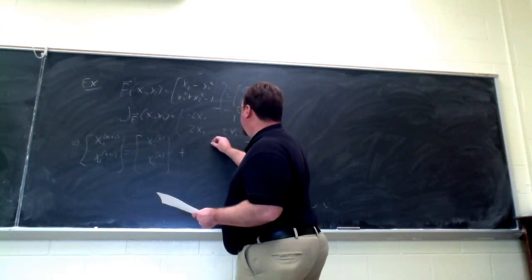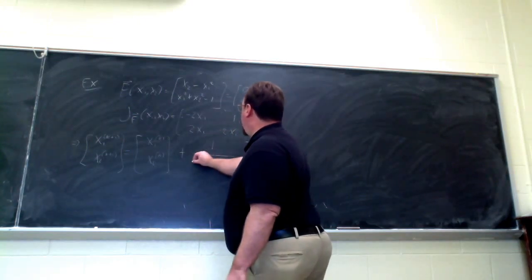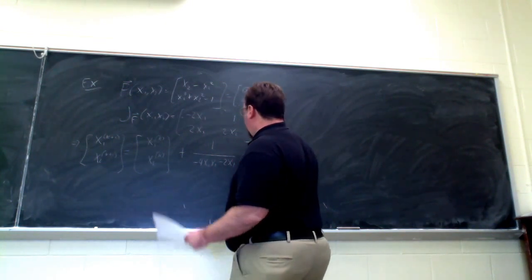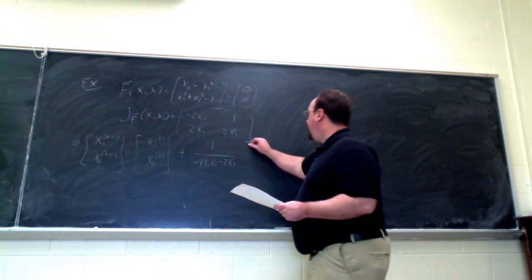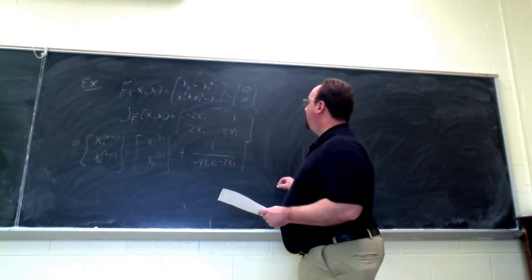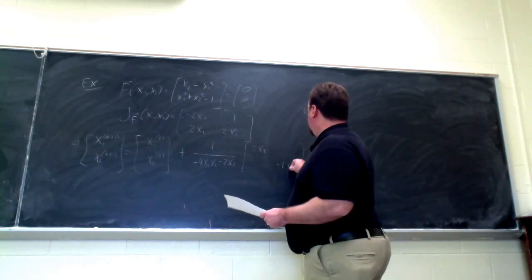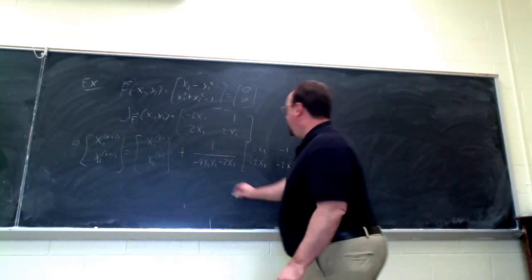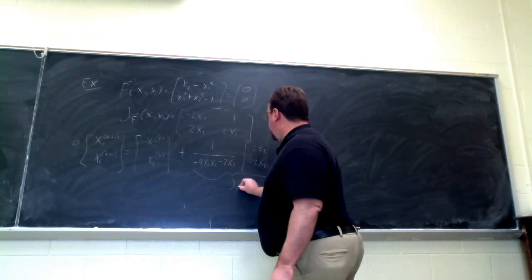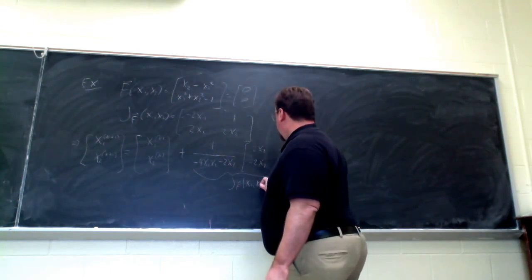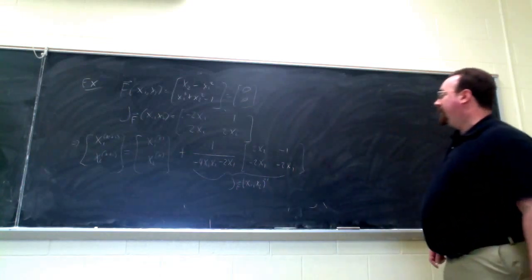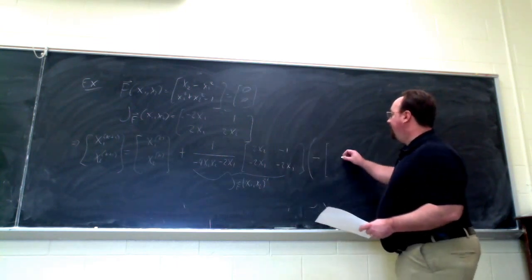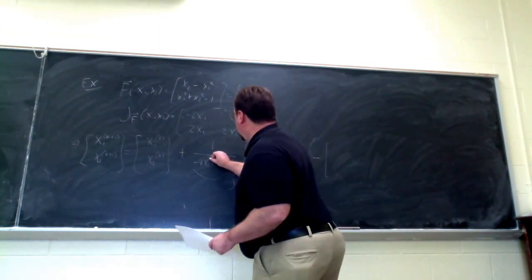So I'm going to have 1 over the determinant, which is minus 4 x1 x2 minus 2 x1, and then I'm going to swap the diagonal entries and negate the off-diagonal entries. So all of this is the Jacobian of f inverse times minus the f values.